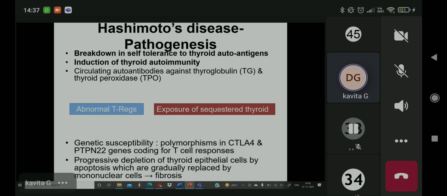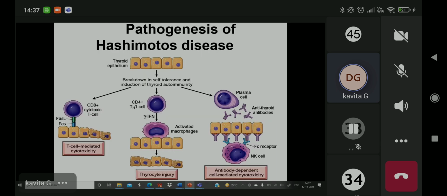So there will be a progressive depletion of the thyroid epithelial cells in this disease because of apoptosis, and the cells die. They're replaced by mononuclear cells and subsequent fibrosis. So the pathogenesis of Hashimoto disease: you're breaking down the self-tolerance, there's an induction of thyroid autoimmunity, CD8 cytotoxic T cells are causing T cell mediated cytotoxicity.